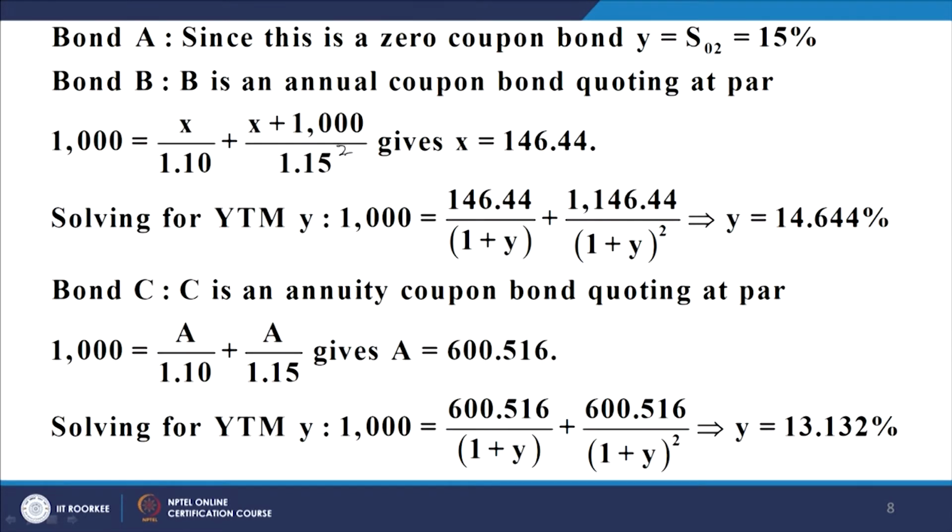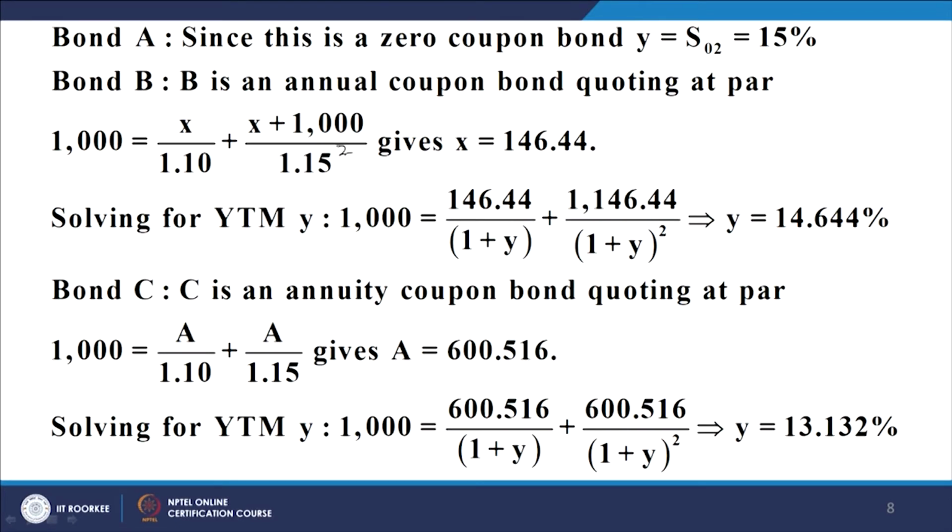Then of course, the second step is quite straightforward. Once we know the coupon rate, the working of the YTM is quite simple. The current market price is 1000, the cash flow at the end of the first year is 146.44, and the cash flow at the end of the second year is 1146.44, 1000 for the amount of principal and 146.44 for the amount of coupon.